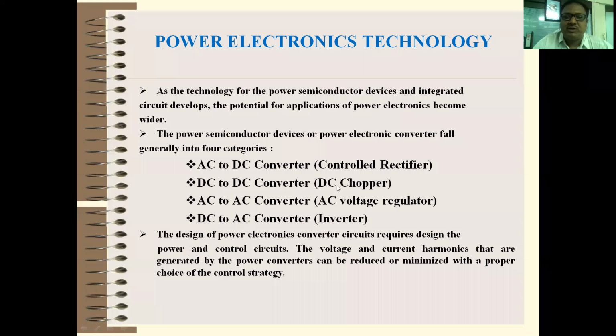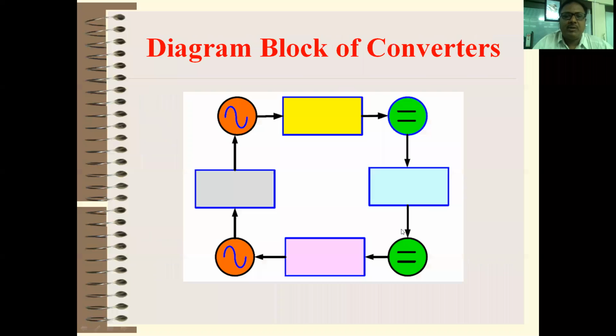DC to DC converter is called DC chopper. AC to AC converters are called AC voltage regulators, or you can say stabilizers, and DC to AC converters are called inverters. So these are the types of converters that we have to learn in our consequent units, maybe in the third, fourth and fifth unit.